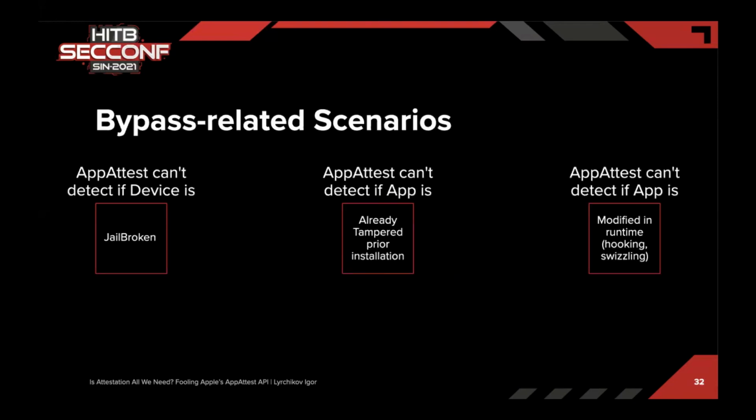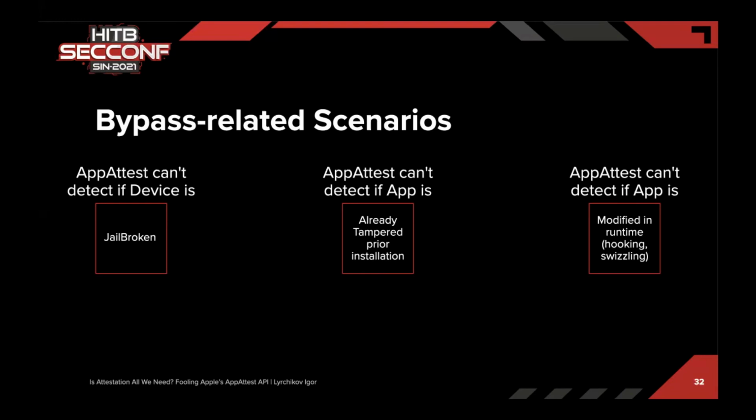Now let's talk about all these bypass-related scenarios. All current bypasses are quite simple and depend on the fact that AppAttest can't detect whether a device is jailbroken or the application was tampered with before initial installation on a fresh device.